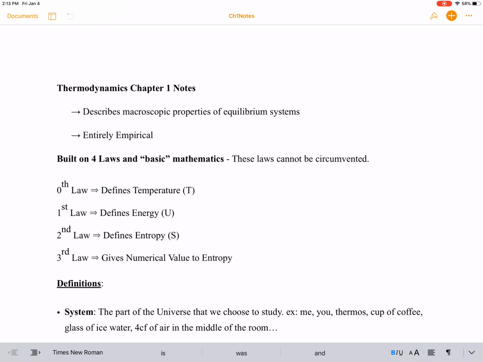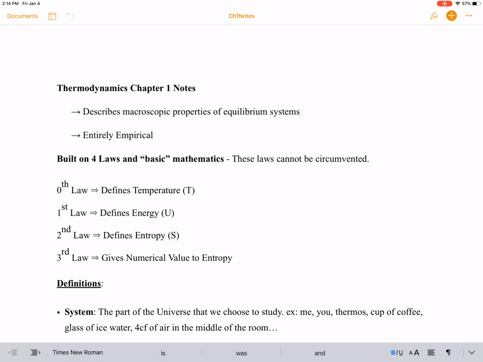So the 0th law defines temperature, and we'll get into that one later in this chapter. It defines temperature and temperature scales. The 1st law defines energy and conservation of energy.